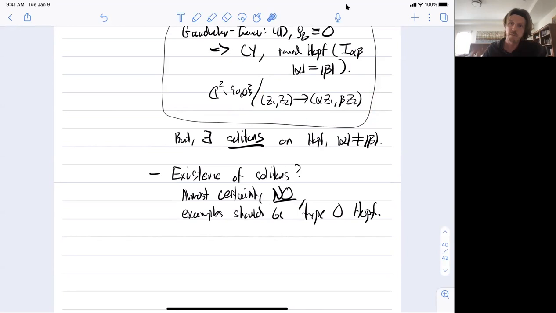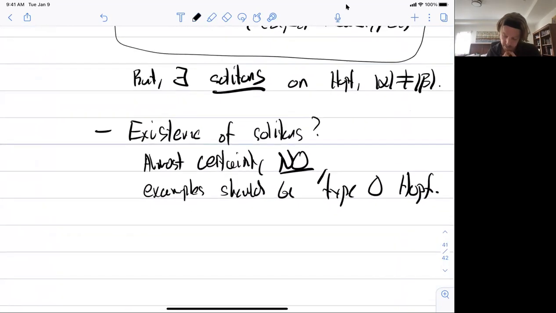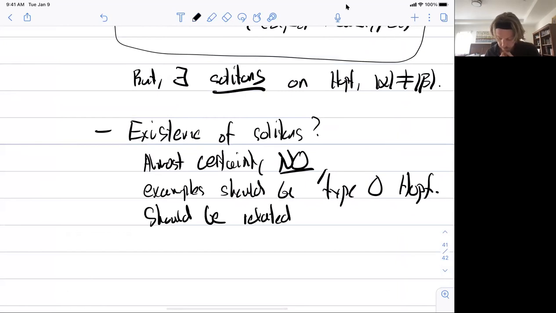And the reason is because this should be related to degenerations of complex structure.